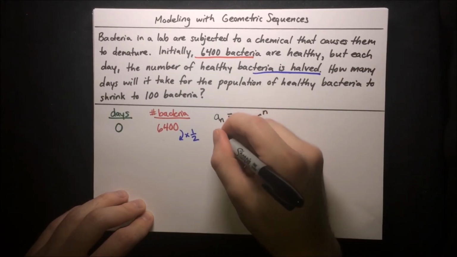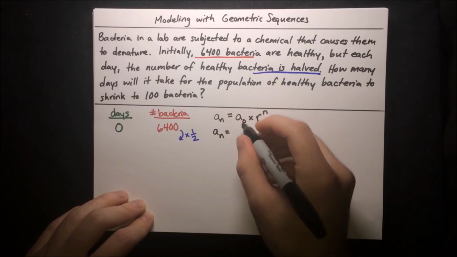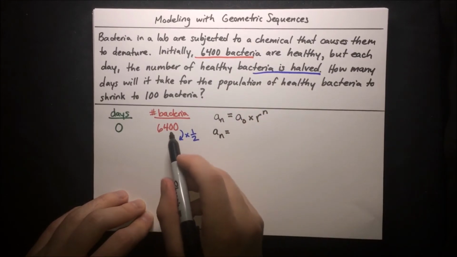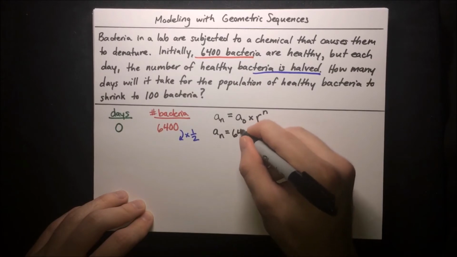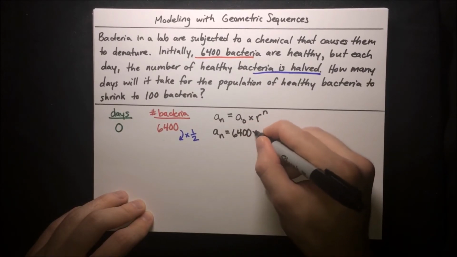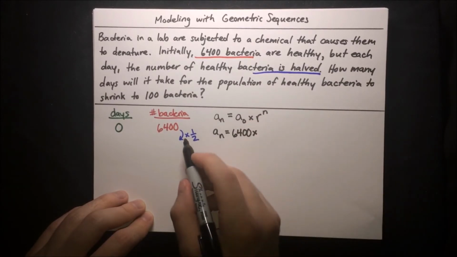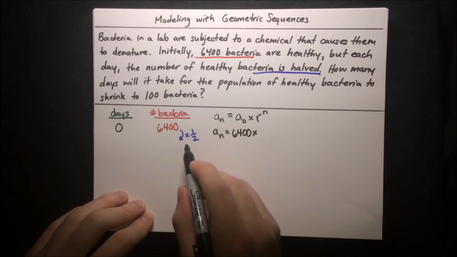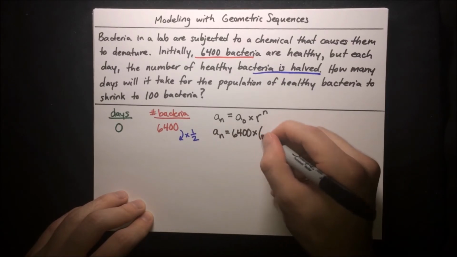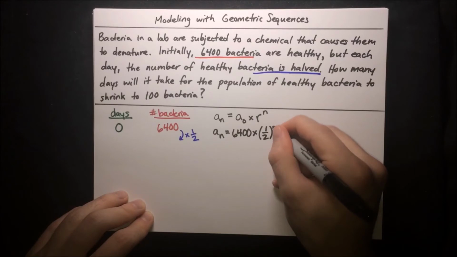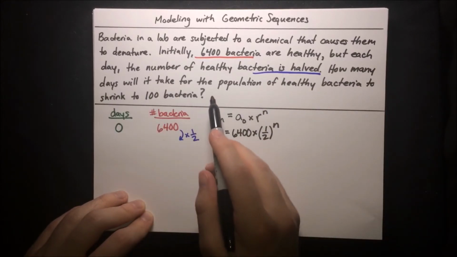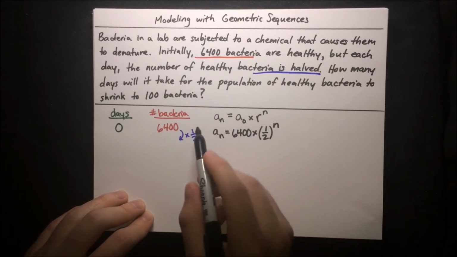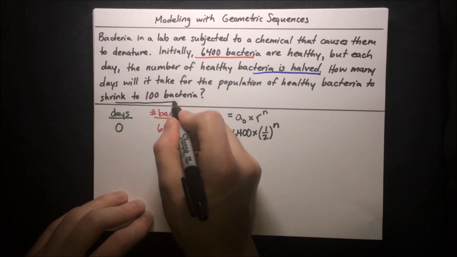So in this case, we have a_n equals a_0. a_0 is just 6,400 because that's on day 0. That's the initial amount. So 6,400. And then times r. r is the common ratio, so just what we're multiplying by every time. So that's a half here. So times a half to the nth power. Okay, and we want to see how long it'll take for the population of healthy bacteria to shrink to 100 bacteria.